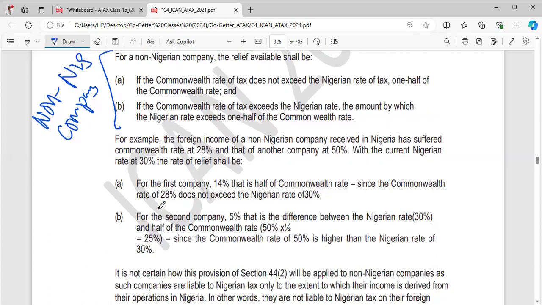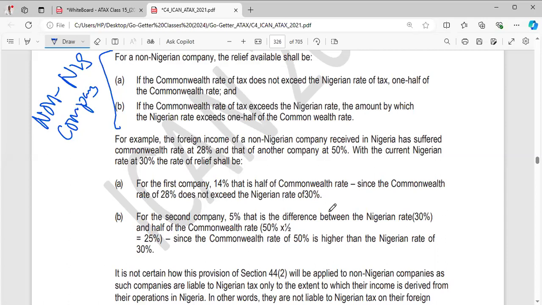For the first company, the rate shall be half of 28, which is 14, which is what we said, since the Commonwealth rate of tax 28 does not exceed that of Nigeria, 30. Now, for the second company, half of the Commonwealth rate, 50 divided by 2, is 25.